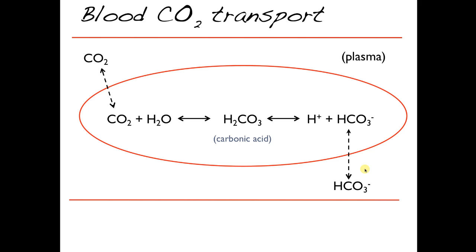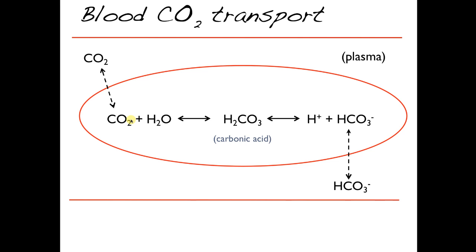Now, we have quite a bit of bicarbonate dissolved in our blood at all times. So it's not just carbon dioxide produced at the tissue that results in bicarbonate in the blood. There's also a baseline amount. What happens when we breathe very frequently, when we start to hyperventilate, is this bicarbonate naturally dissolved in our plasma ends up being reconverted to carbonic acid and reforms carbon dioxide.